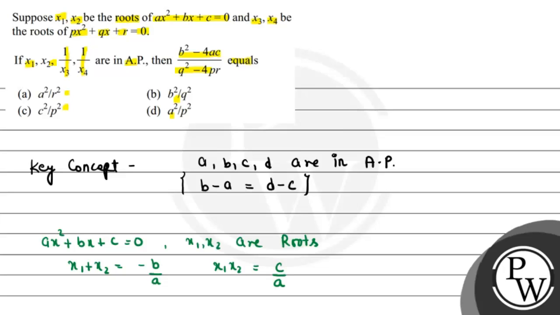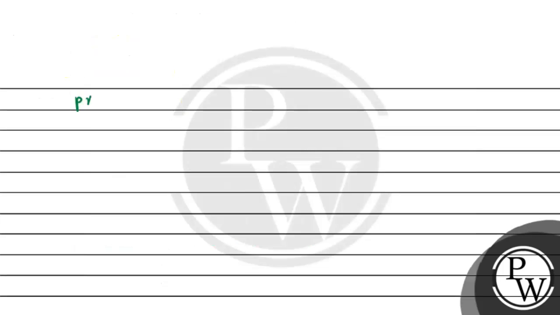Similarly, for the second equation px square plus qx plus r is equal to 0, the sum of roots x3 plus x4 is minus q upon p and the product of roots x3 x4 is r upon p.